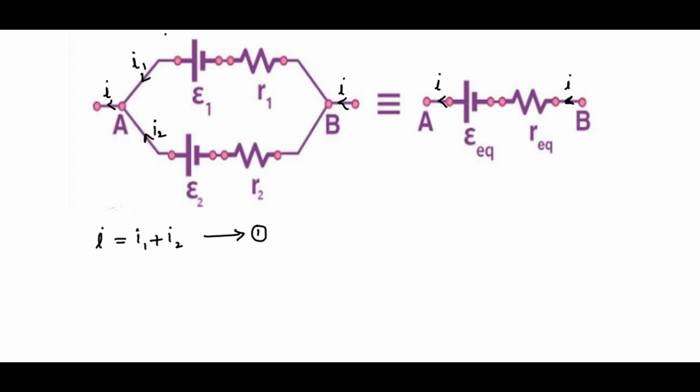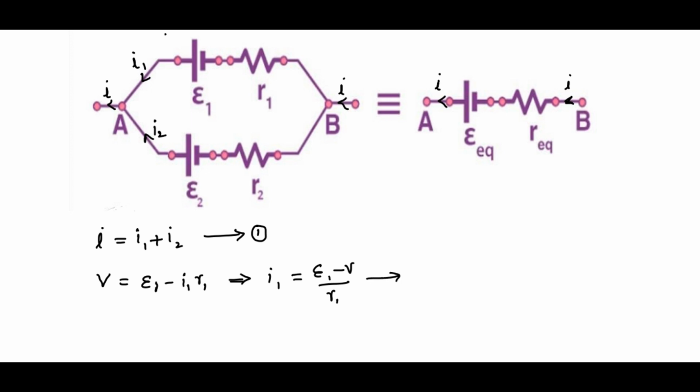First of all, the potential difference between the two terminals of cell 1 is V equal to E1 minus I1 R1. So from this we can write I1 is equal to E1 minus V divided by R1.